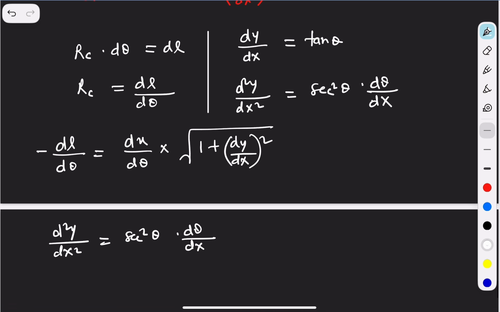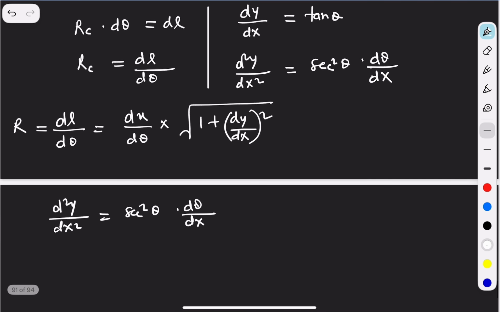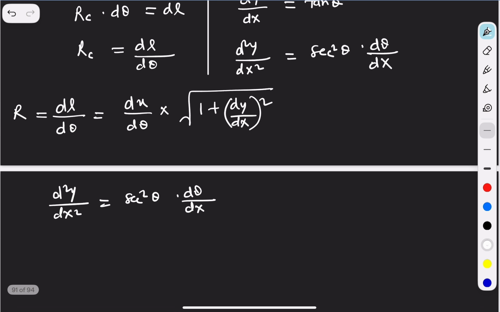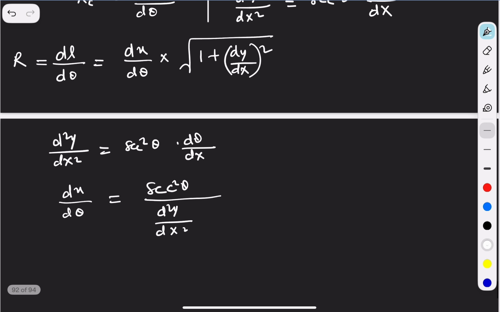How do we eliminate dx by d theta? We can do this: dx by d theta is equal to sec square theta divided by d square y by dx square. Okay, I think this is dx by d theta.